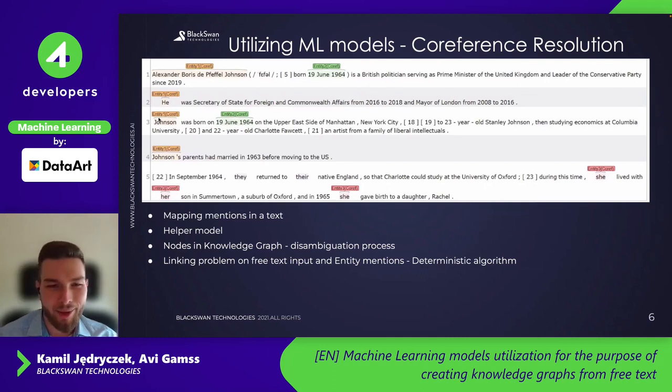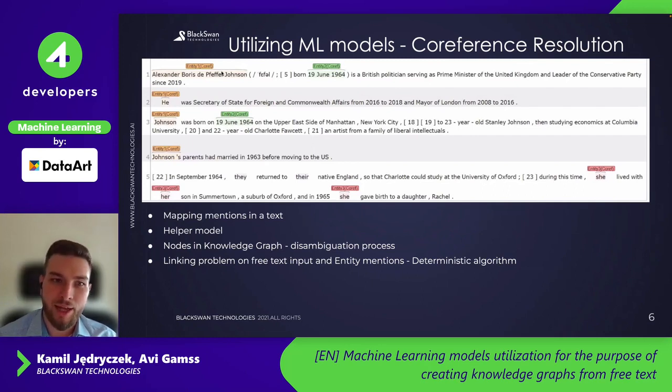So right now I'm making this up from thin air, but if he would be connected by a per-title relation to the Secretary of State for Foreign and Commonwealth Affairs organization, so we would have an arrow in our RE model, then we would be able to draw the line to Alexander Boris Johnson.